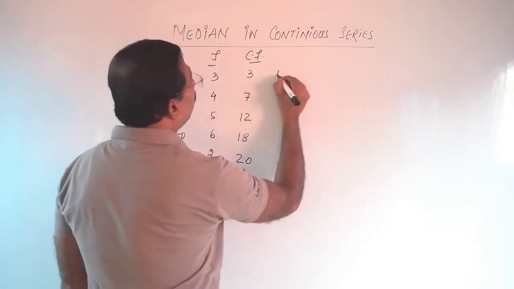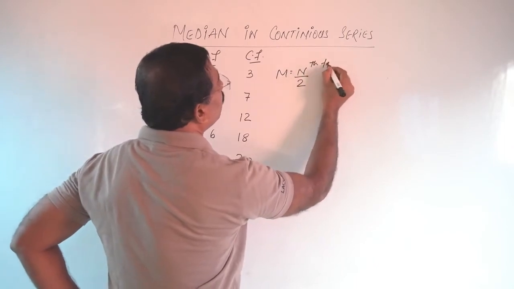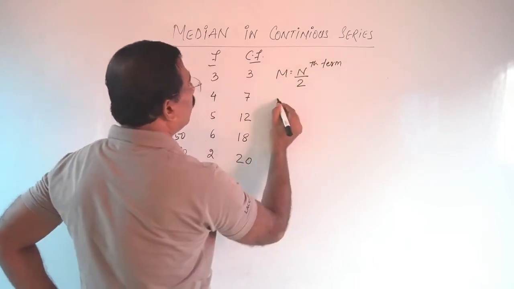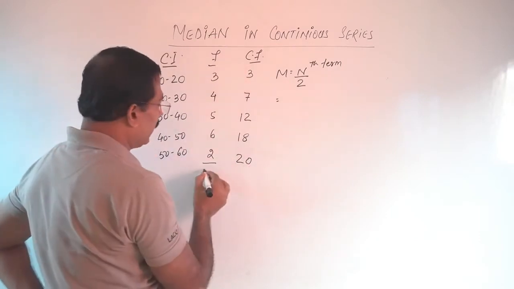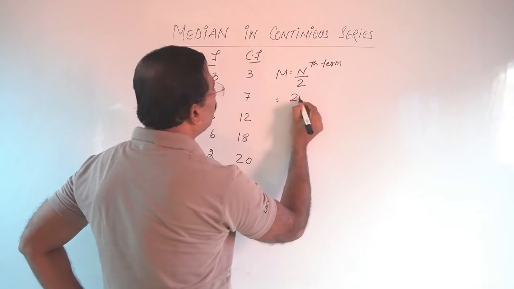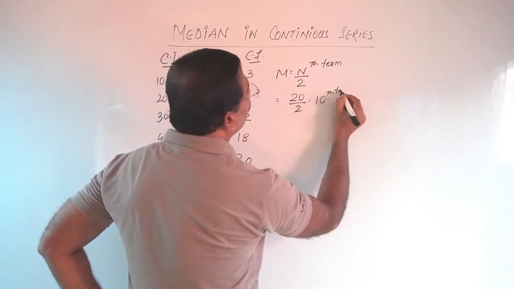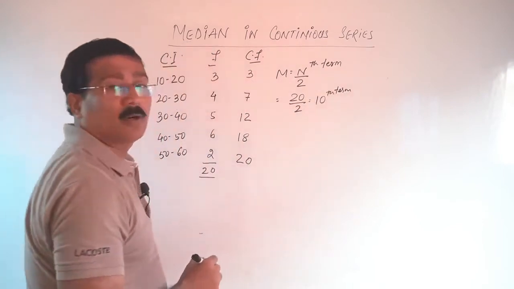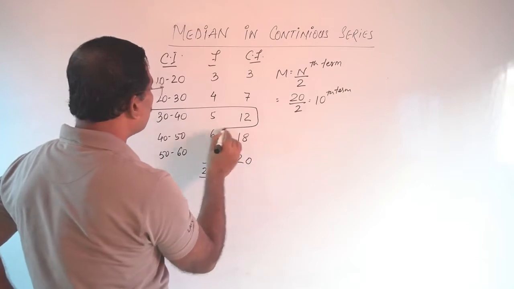Then M is equal to the n by 2th term, and n is the sum of all frequencies. That is 20. So here will be 20 upon 2, so the 10th term. Okay, 10 will lie in this class model.